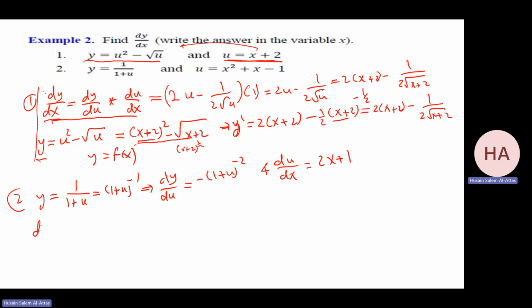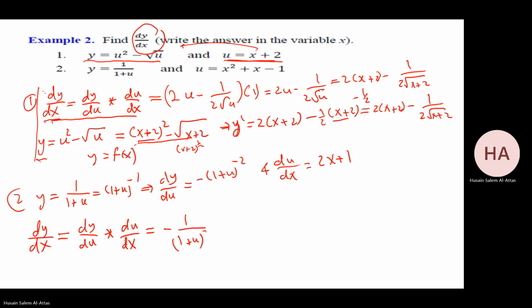So dy by dx, which is what they want, will be dy by du times du by dx. Dy by du is minus 1 over 1 plus u squared times 2x plus 1. Or, I don't want u, I want x.